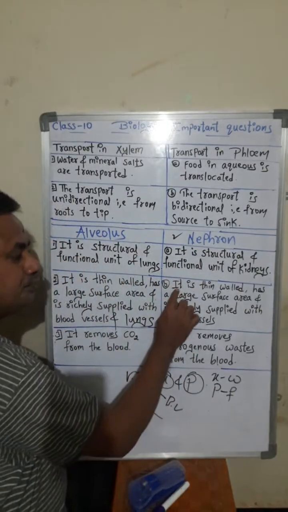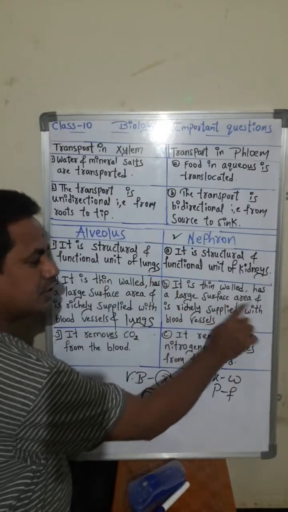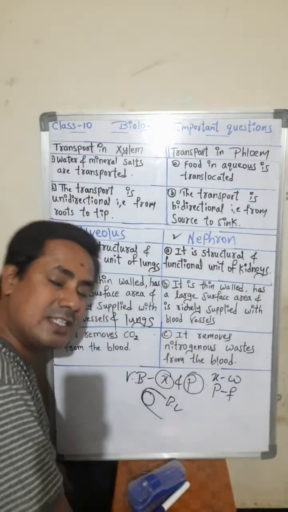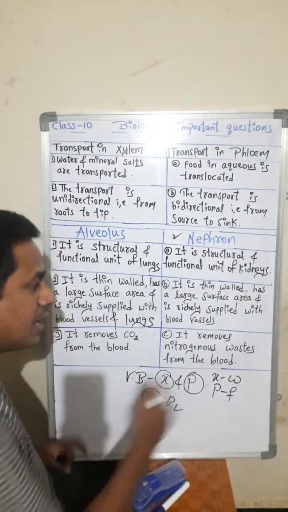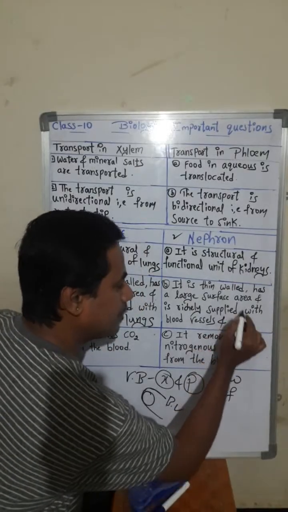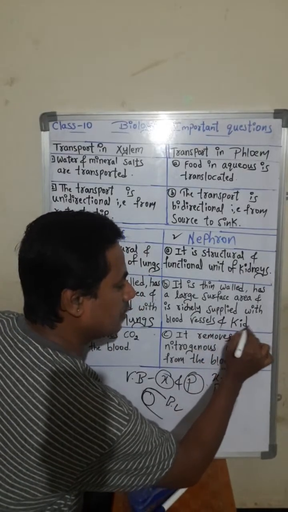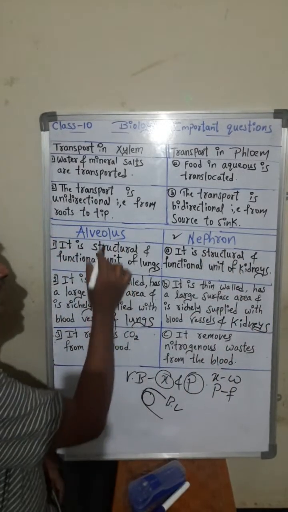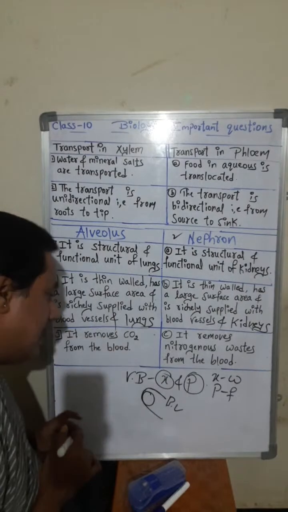Okay. It is thin walled, has a large surface area, same definition, and richly supplied with blood vessels. Yesterday we saw in the live session where it is present: it is present in kidneys. Nephrons are present in kidneys and alveoli are present in lungs.